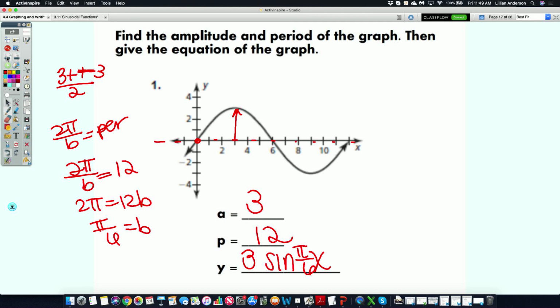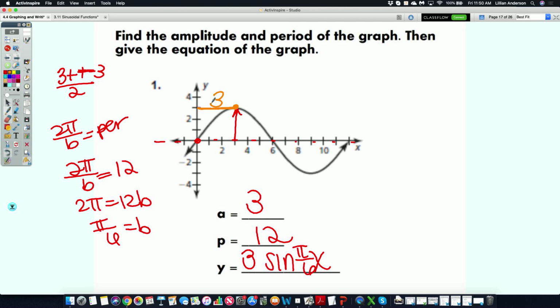Okay? The phase shift is basically the horizontal distance to reach your maximum point. Because normally cosine has a maximum point at the y-axis, correct? But if it's no longer at the y-axis, that causes a shift in the graph. What is this horizontal distance to get to the maximum point? 3. So 3 would be the c in your equation when you write it.